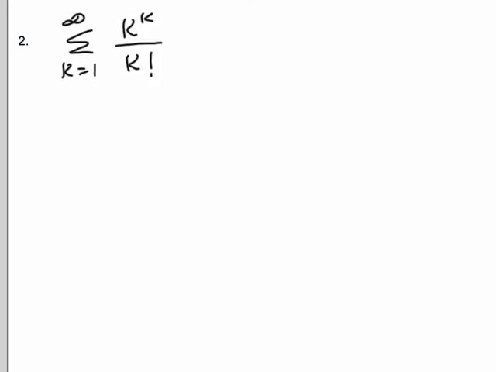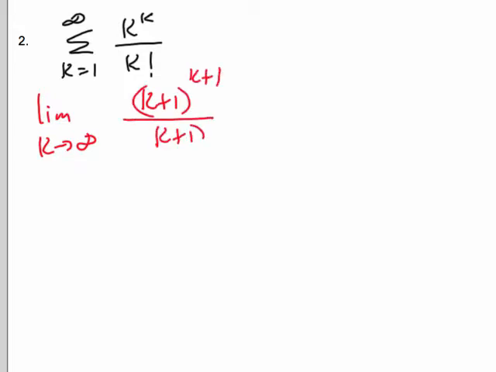Here's another series to consider, and again, we got a series of positive terms, so let's apply the ratio test. The k plus first term divided by the kth term. Let's do some simplifying.